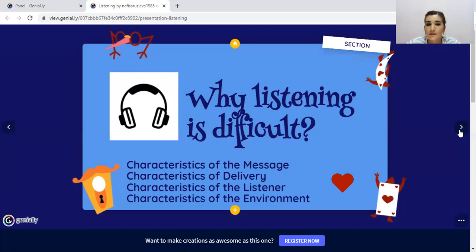The devices which we use for our listening task also should be in good condition. Even the windows in the classroom should be closed because while listening there should be no noise, because it could bother our students.